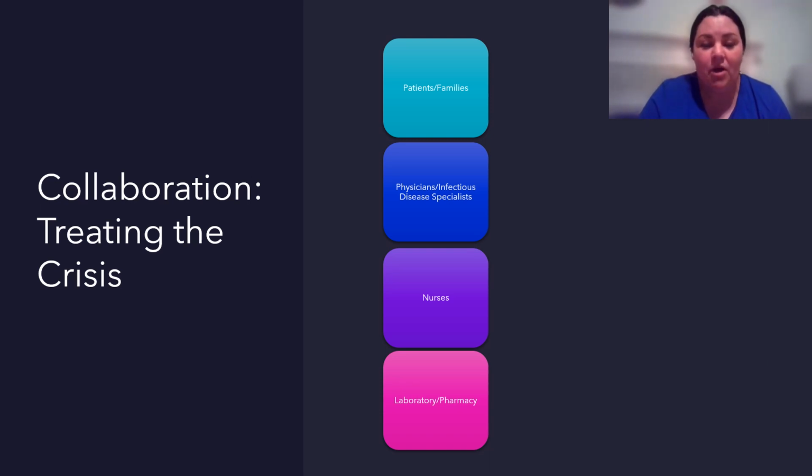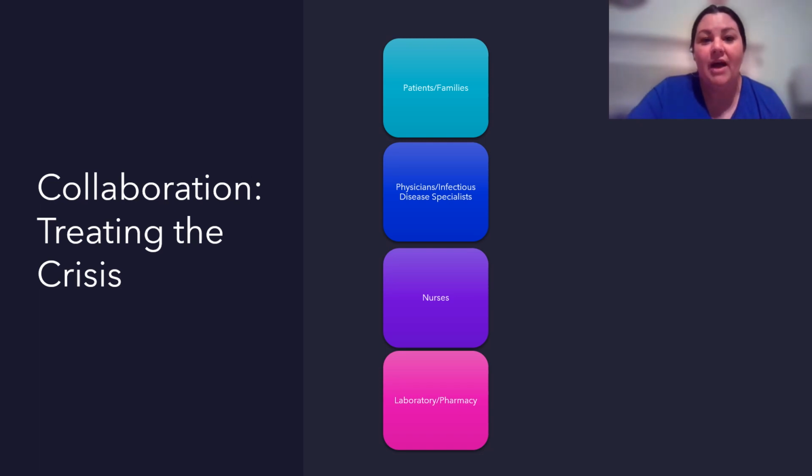And contingent upon each patient, it may look very different what the treatment plan is, whether or not the patients are symptomatic or asymptomatic from MRSA, whether or not they have existing comorbidities, or whether or not they're immunocompromised. So the treatment plan is very individualized.